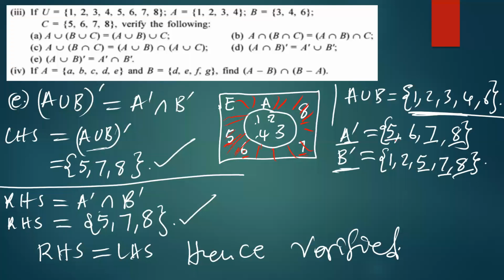These are the elements that we listed there. So a complement is simply listing the elements that are outside A, but those elements are supposed to be part of the universal set. That's what it means. The same applies to B.